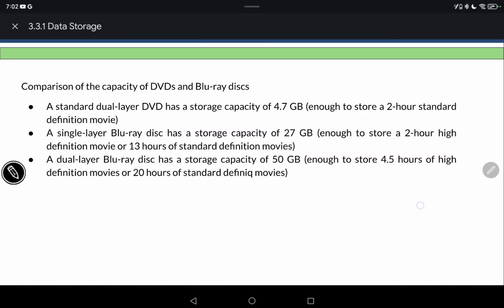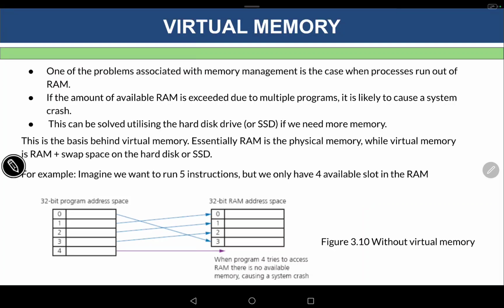Now let's look at virtual memory. Sometimes your computer runs out of RAM, and instead of crashing, it will need to use another type of memory as virtual memory.